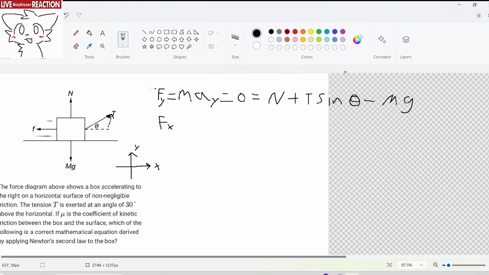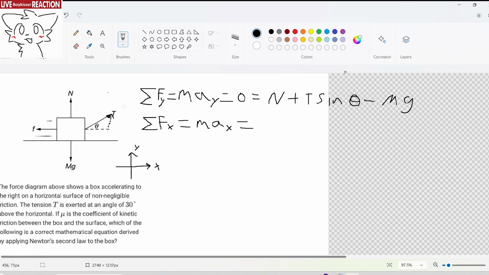Let me just write this real quick. So this means a sigma, which essentially just means the sum of. So Fx equals mass times acceleration on the x-axis. And we know the acceleration on the x-axis doesn't equal 0, so right now we just have to write down all the forces.